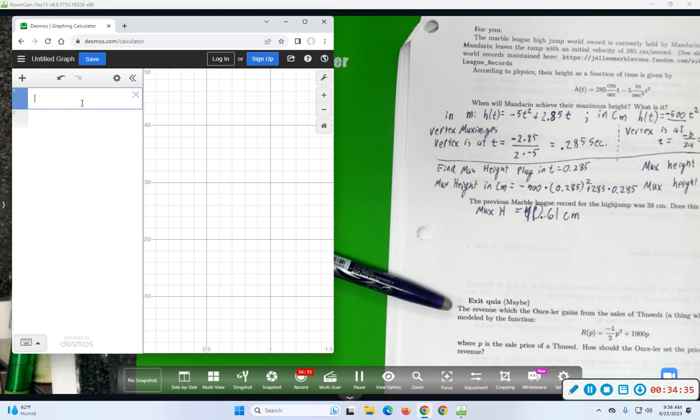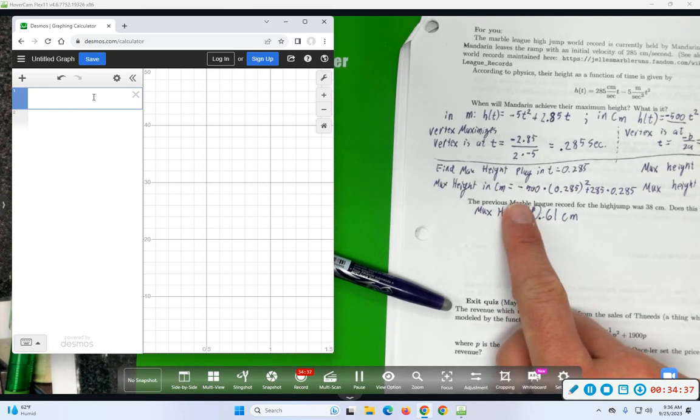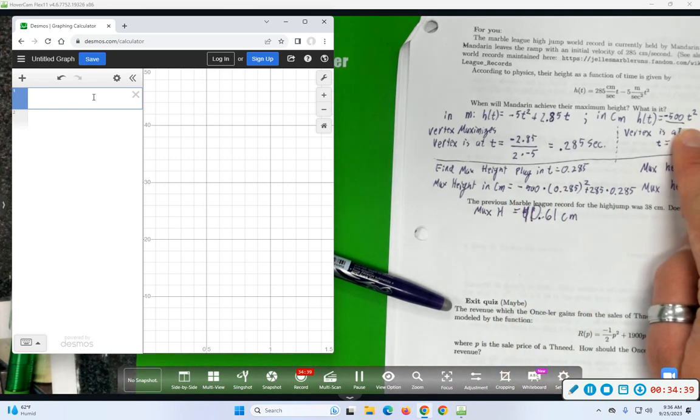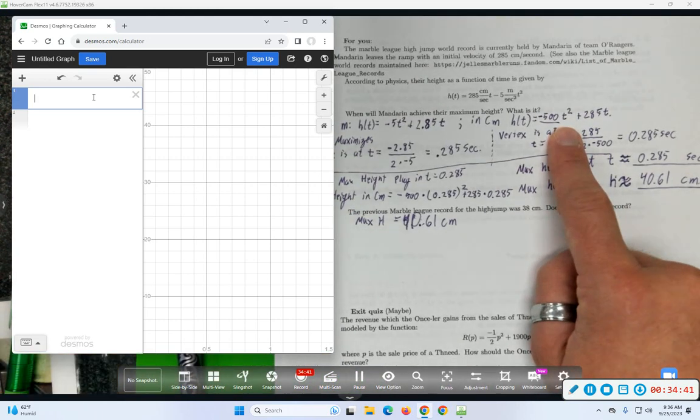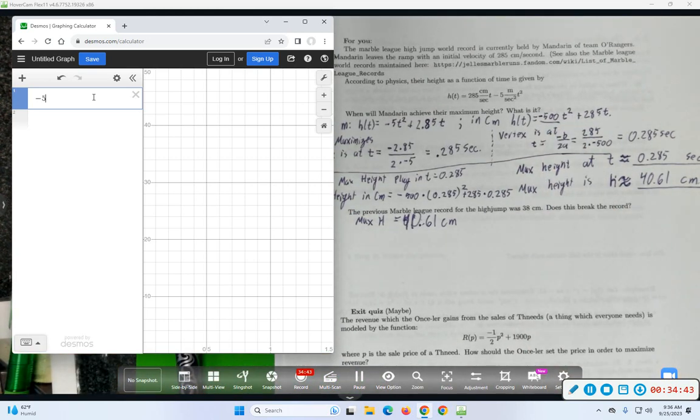Reasonable enough? And this was using centimeters, so I better use the centimeters formula. Negative 500t squared. Oh, Desmos likes the independent variable to be x. Plus 285x.